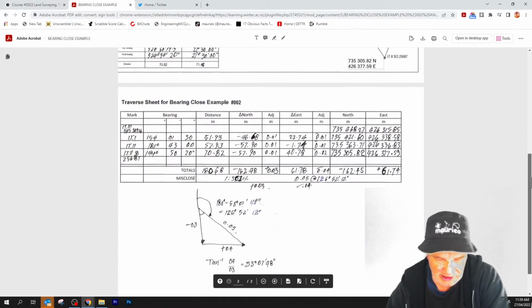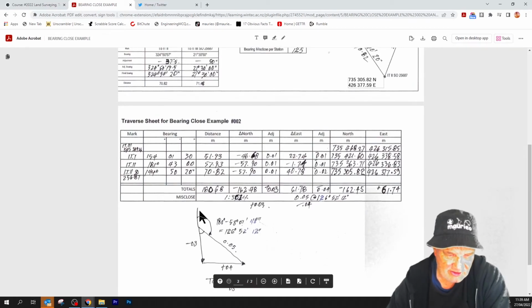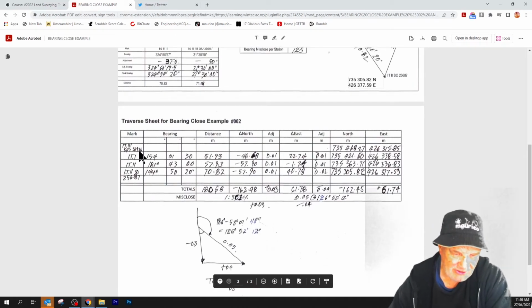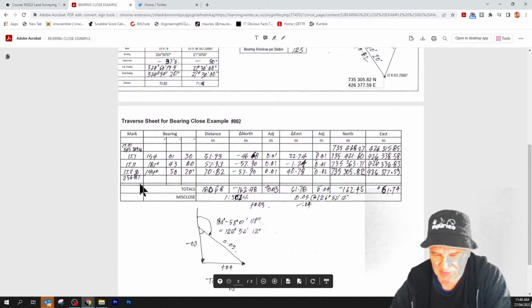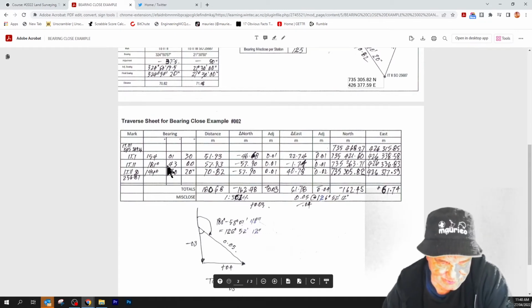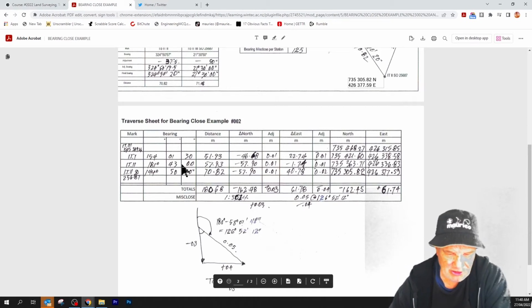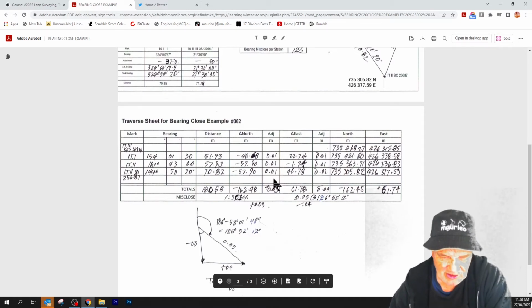From the diagram, we key in the marks, IT3 to IT1, IT1 to IT2, IT2 to IT2 SO 25687, and so on. We put in the bearings from the diagram, rounded to the nearest 10 seconds.